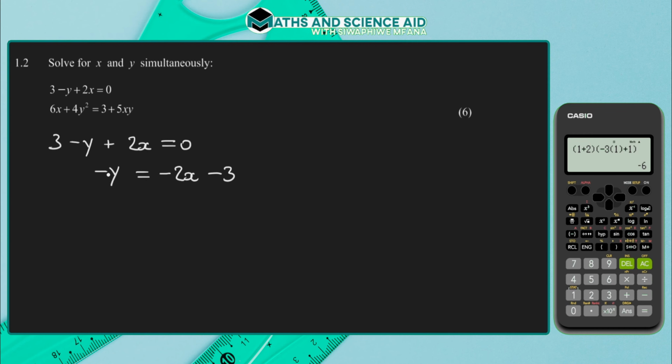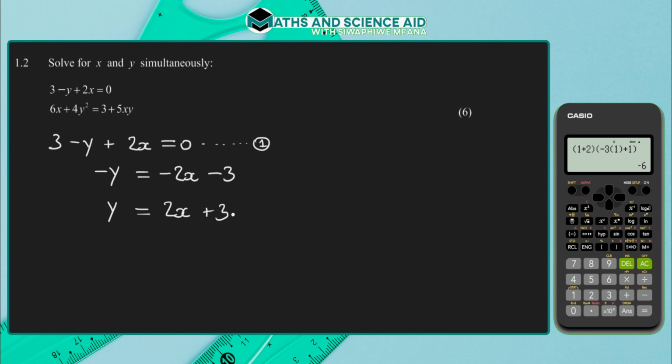And now we need to get rid of this negative here. And to do that, we can just multiply throughout by -1 or divide throughout by -1. And if you do that, you'll have y is equal to 2x plus 3. So this here, we can call it equation 1.